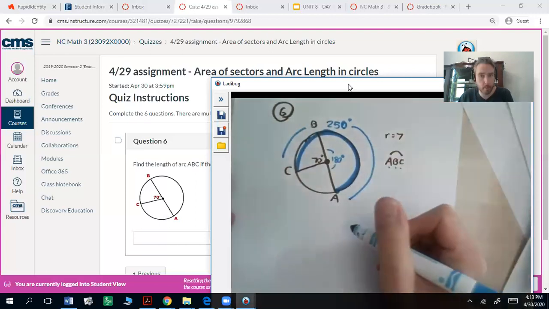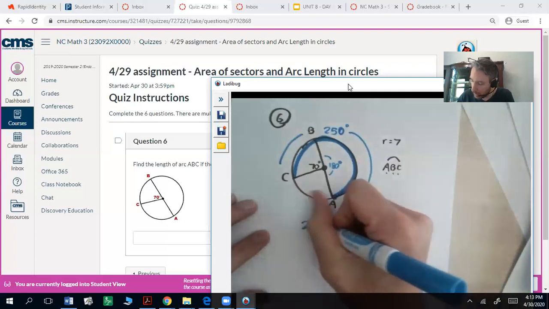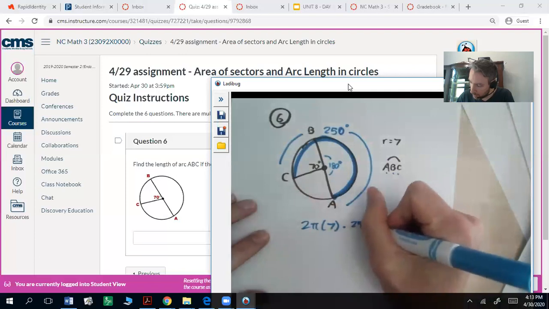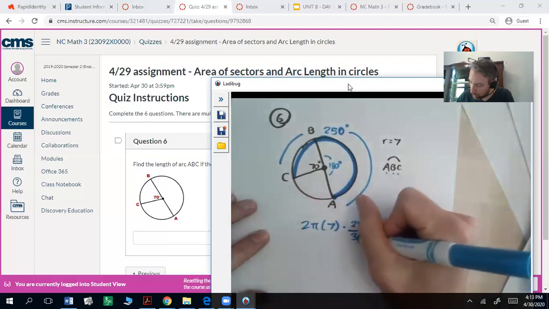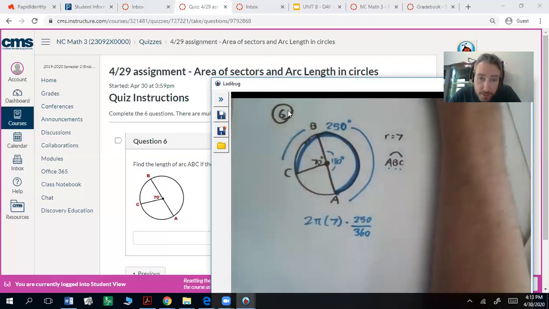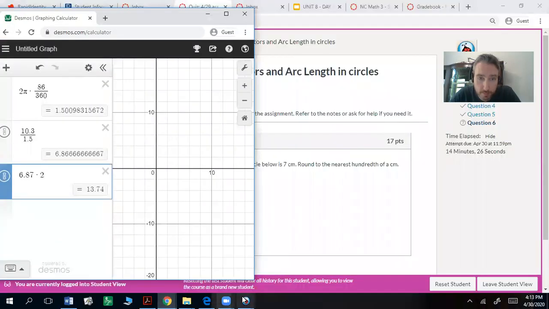So that's the degree we want to use. So it also gives you the radius. So we're going to do 2 pi times 7 times 250 divided by 360. All right, we're almost done. Let's put it in the calculator. It's 413 somewhere.